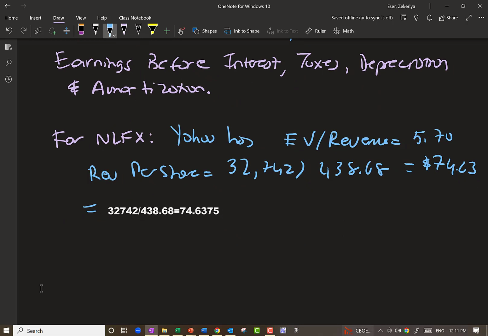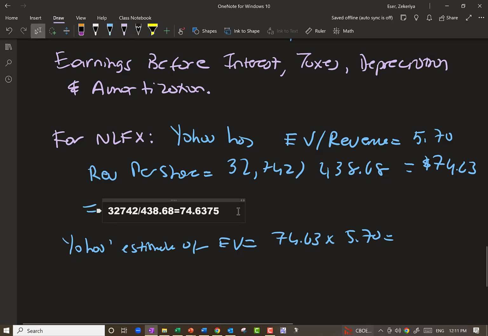Hence, Yahoo estimate of EV is 74.63 times 570. It should be close to our number.